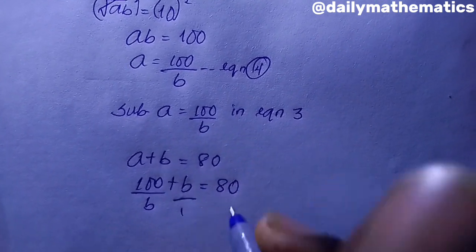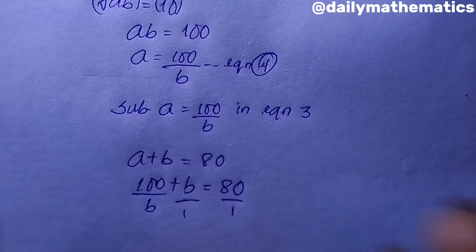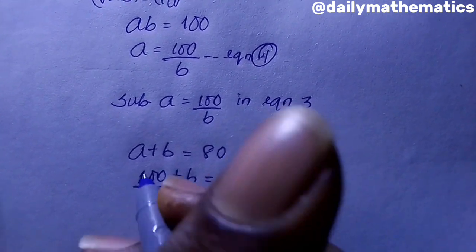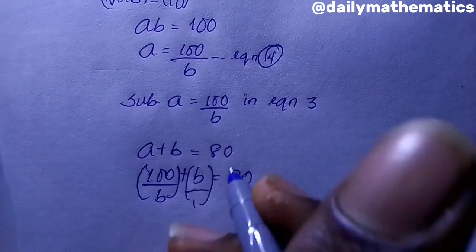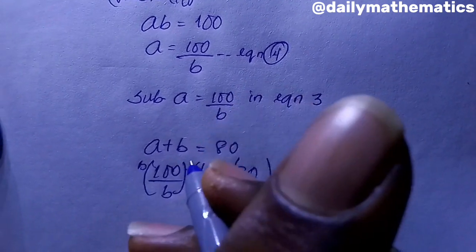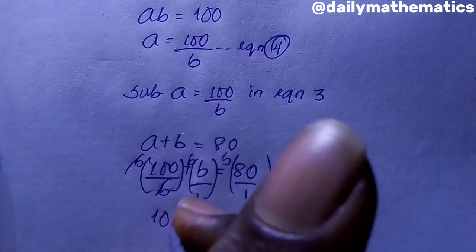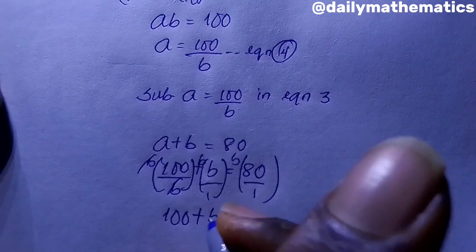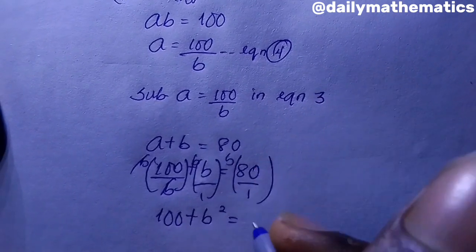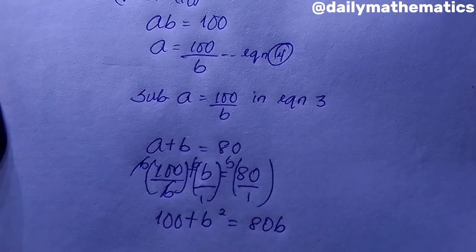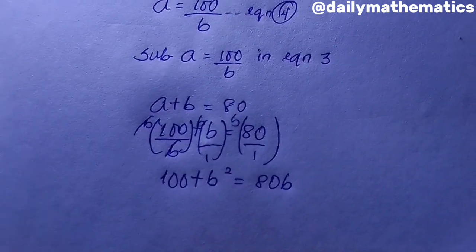This is over 1, this is over 1. We find the LCM. The LCM is b, so we multiply all through by b. So b cancels b. We have 100 plus b times b, we have b squared equals 80b, right? So that's what we have.